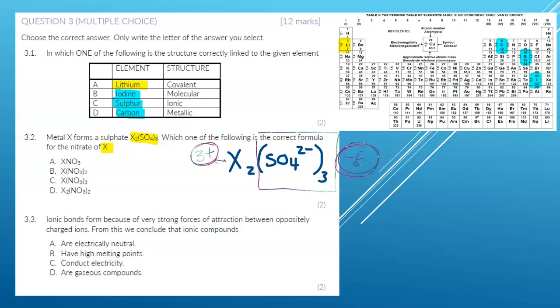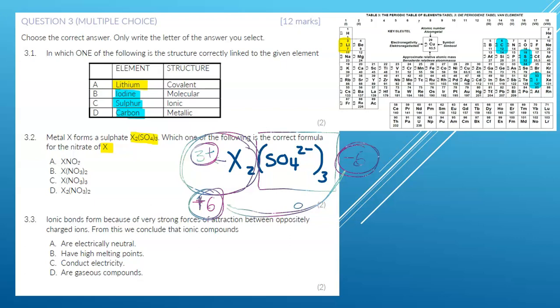Okay, so +3 times 2 gives me a total charge of +6. So the +6 and the -6 together, they cancel each other out. So I have a neutral substance. So what this tells me is that X has a charge of +3.